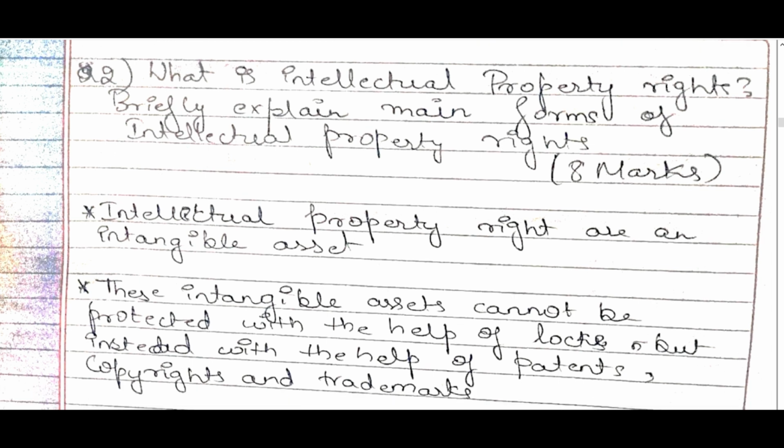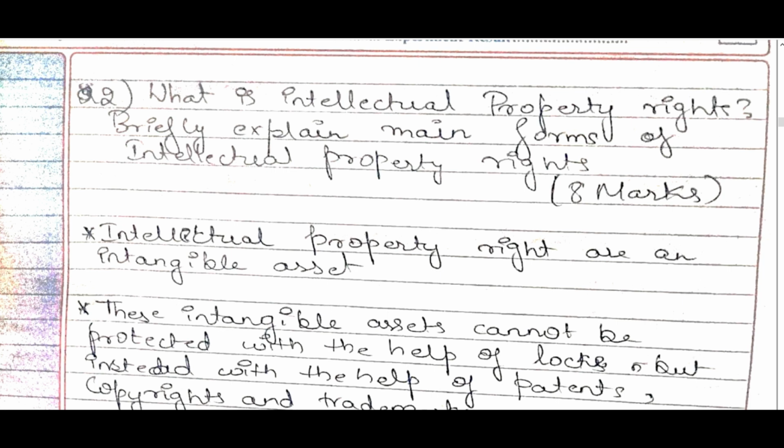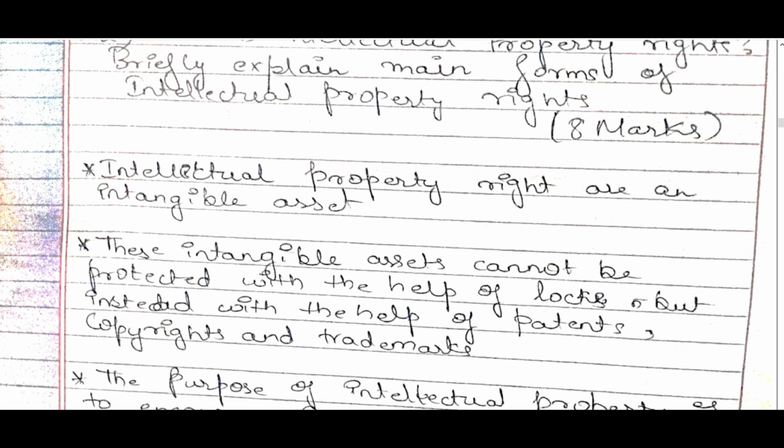The second question in module 5, which is asked many times, is intellectual property right. Briefly explain the main forms of intellectual property right. It has been asked for 8 marks.